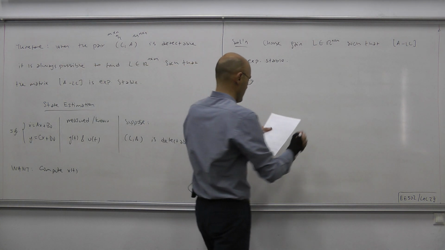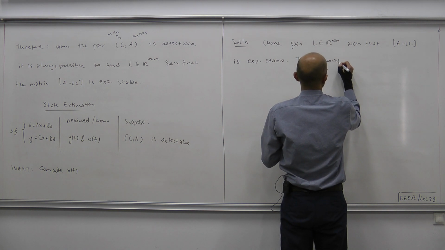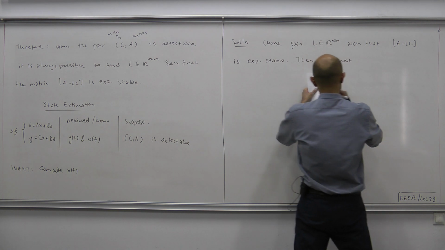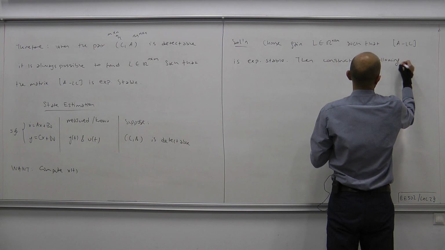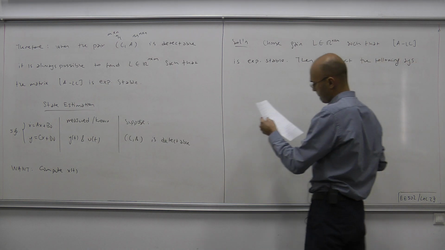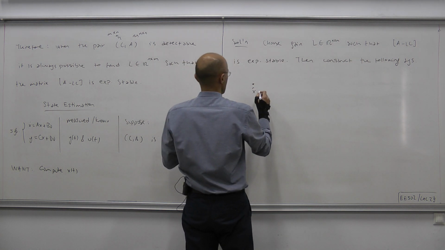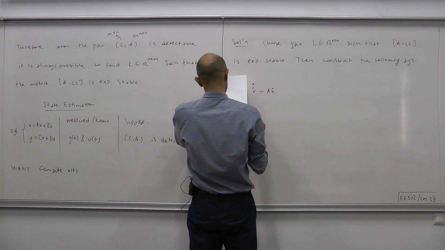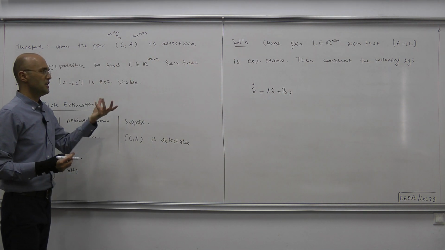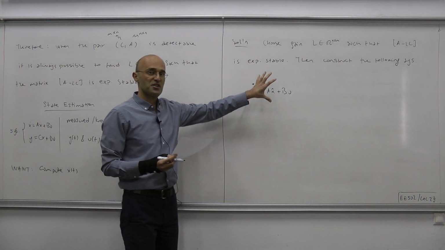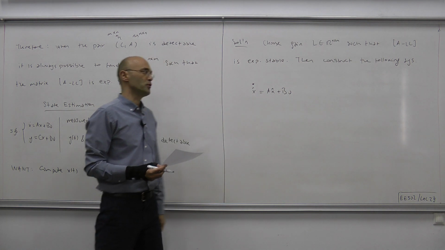Okay, and then once you have such an L, construct the following system. Okay, x hat dot equals A x hat plus Bu. This is a new system, and this is an artificial system in the sense that it's running within our computer.